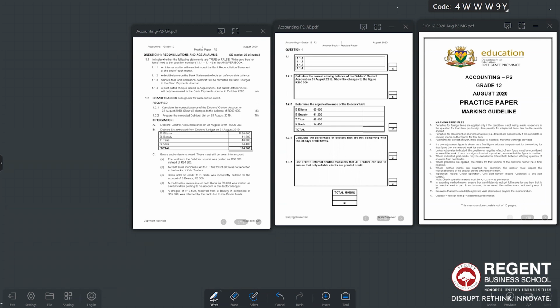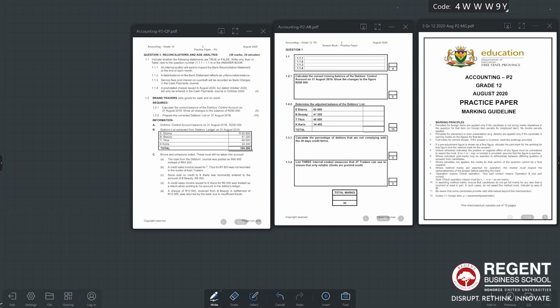Now you need to read carefully and think logically. So they gave us the balance in the debtors control was 200,000, and then they gave us a debtors list with Elisma and Beauty and Titus and Carla, and they gave us how much each one owes us. Now we need to work out where the errors are, rectify them, but at the end, the two balances must be equal. If they're not equal, you got a problem.